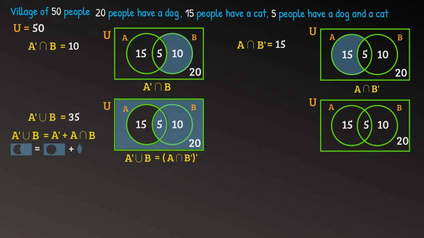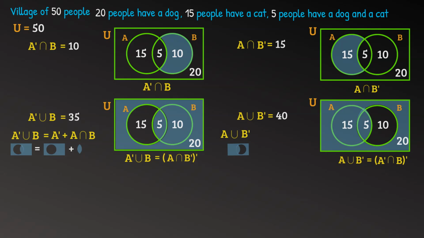And likewise, A union B complement is this shaded area, and it can also be written as the complement of A complement intersect B, because if you look above, you can see it's almost like the negative of A complement intersect B. We can find out the value for A union B complement from the diagram, and it's 40 because it's 15 plus 5 plus 20.